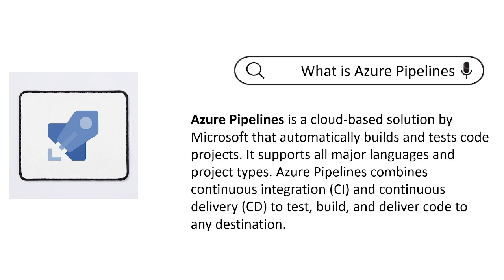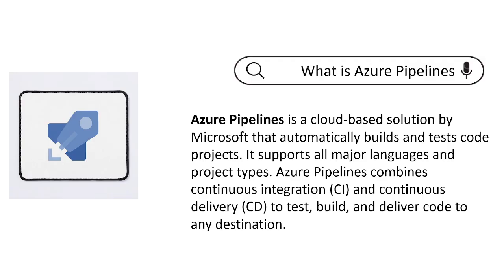Azure Pipelines is a completely cloud-based solution developed and powered by Microsoft that automatically builds and tests the code, and not only that, it also helps us to deploy the required versions of the code to the required environments. So Azure Pipelines is a cloud-based solution which offers both CI and CD.